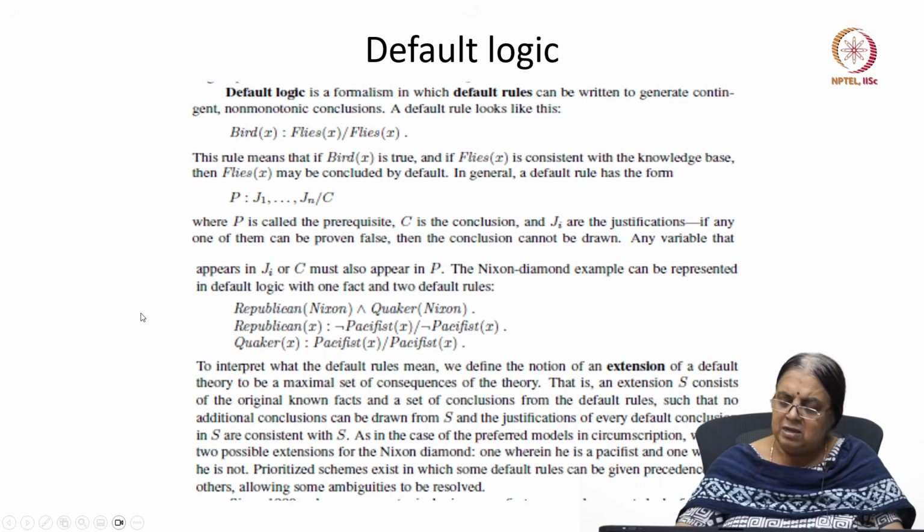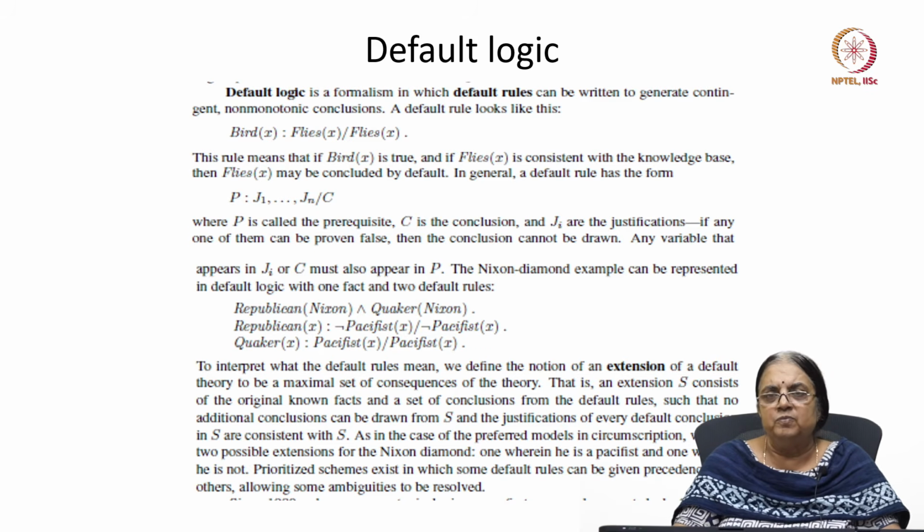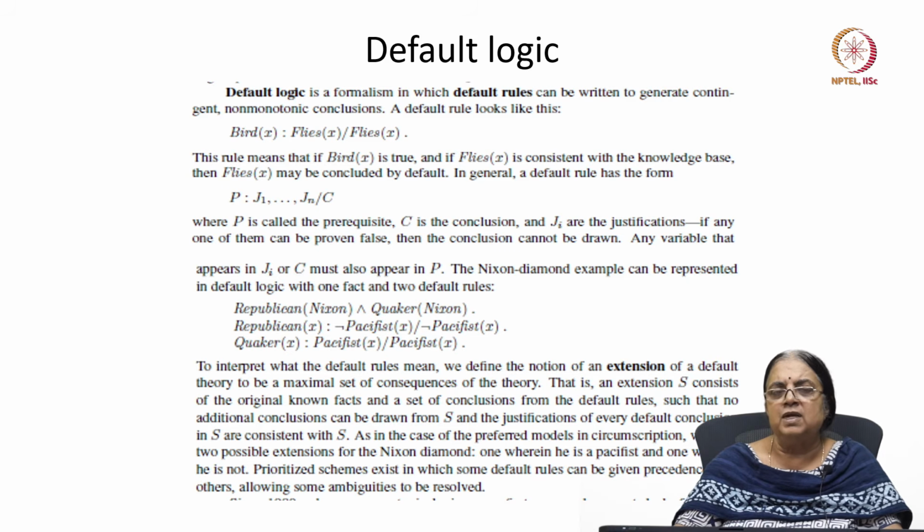So we can see that human beings use default reasoning. Whatever information we have about anything, especially when we make decisions, we don't have all the information about the domain in which we are trying to take a decision. But we take the decision with whatever information we have, and we use default reasoning for some of it.